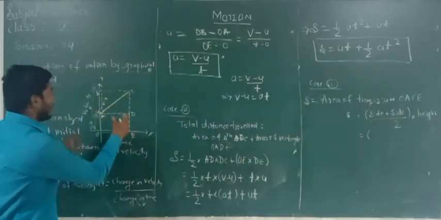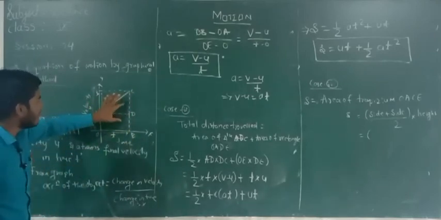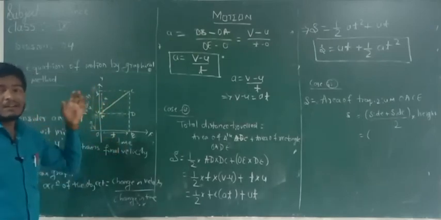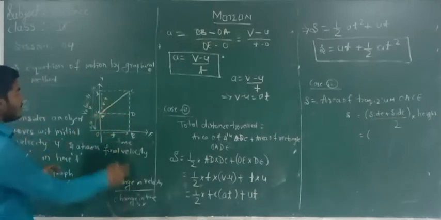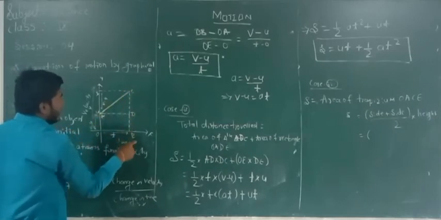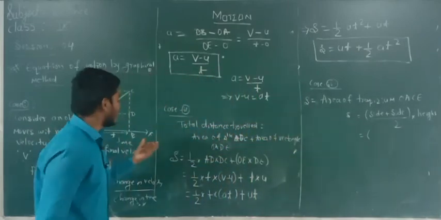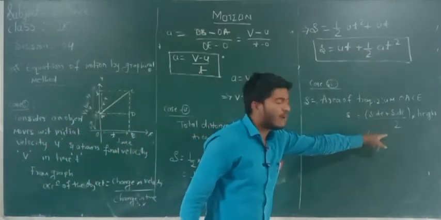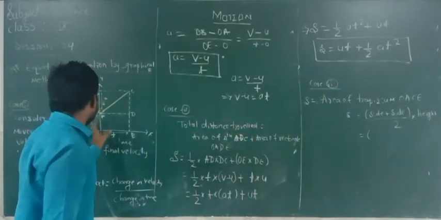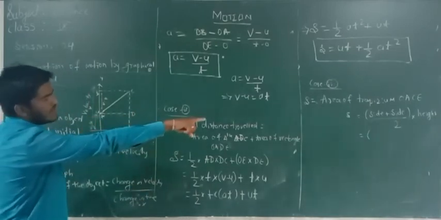Earlier we calculated the sum of the two diagrams, one a triangle and one a rectangle, but now we calculate the total distance covered by calculating the area of the trapezium OACE, which is equal to side plus side divided by 2 into height.